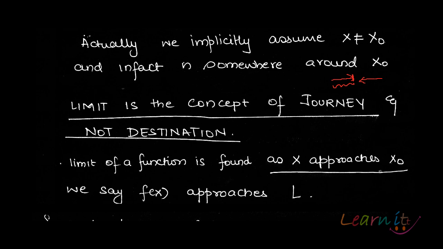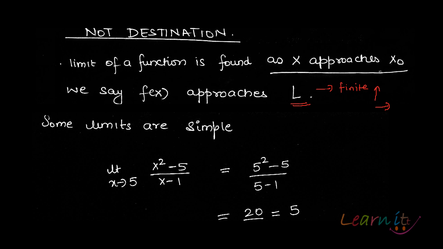Now the limit of a function is essentially found as x tends to x naught. We say that f(x) tends to or approaches a certain finite limit L. This L has to be finite. So as x tends to some place, f also tends to some place.